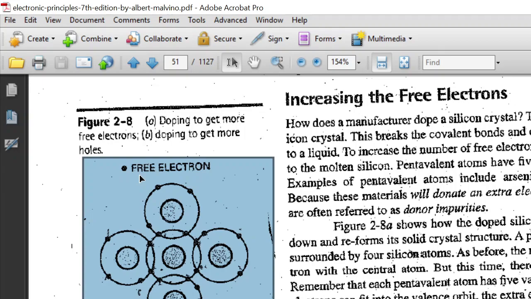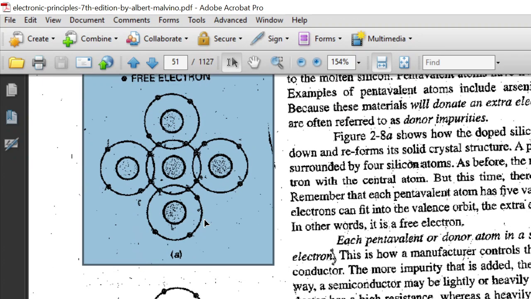There would obviously be additional free electrons and holes due to the thermal energy that we already have talked about. Those are the intrinsic carriers. However, additional free electrons we are creating by imposing the impurity. Okay.